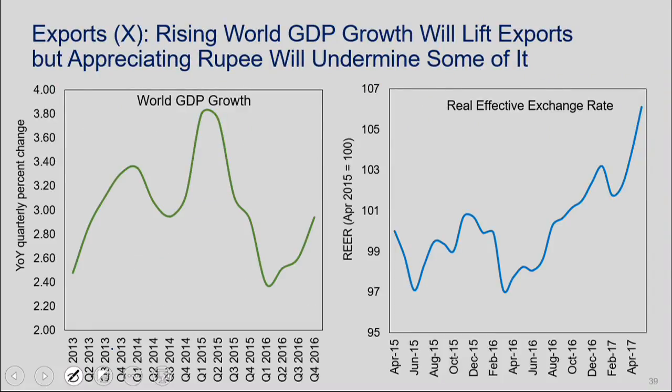And here again, exports: we need to know what is going to happen to world GDP growth, and we need to know what's going to happen to the exchange rate. These are some of the crude calculations that we do. We say, supposing for the coming year, world growth is going to be 3%. You can calculate what world growth is going to be based upon our export basket. Maybe that's 4%.